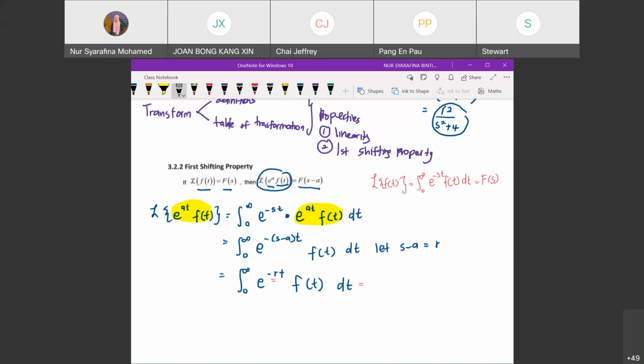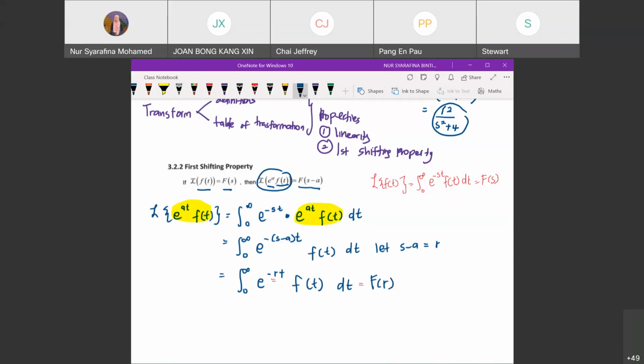Anyone want to try? Yes, F(r). Okay, so we are going to have F(r).